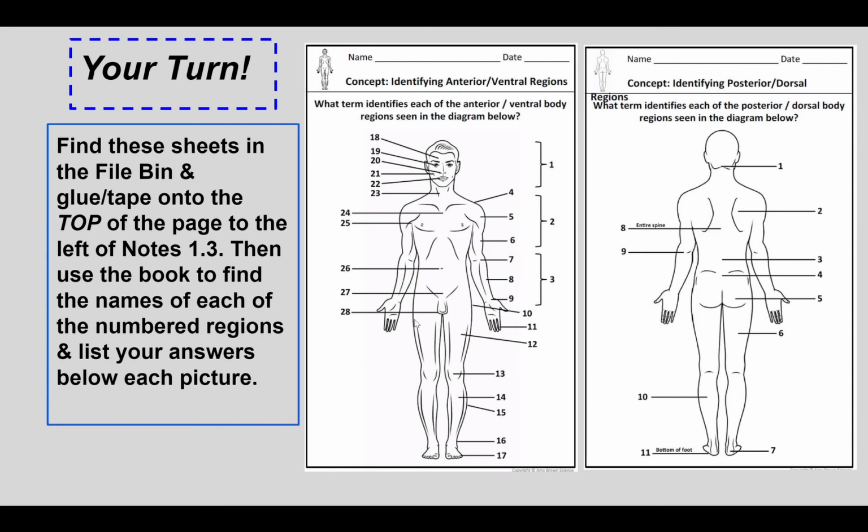So you're just going to number your paper 1 through 28 on this diagram here, and then underneath this diagram you're going to number your paper 1 to 11 and just list the name of the region, and you'll be able to get this information. Either you can use the internet or use your textbook to name these regions.